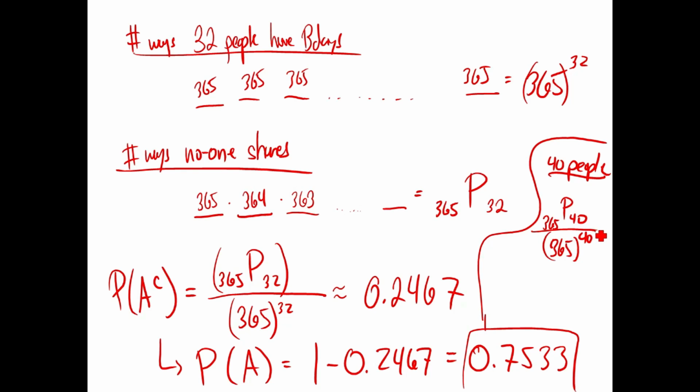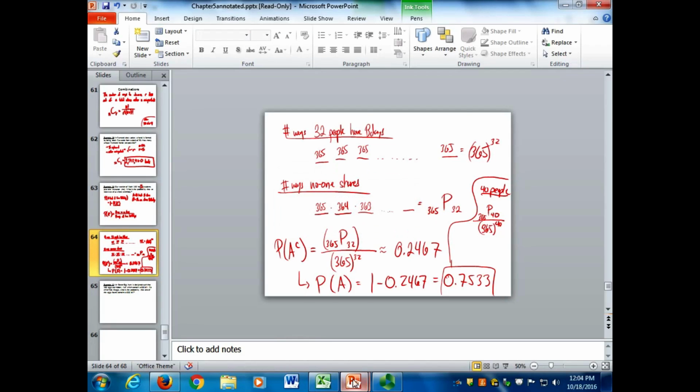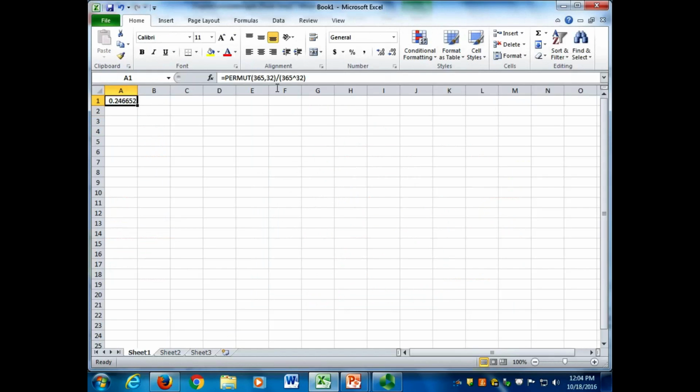By the time you get up to 40 people, the odds of not sharing a birthday go down a lot. There's only an 11% chance you don't share a birthday with someone. So in a room with 40 people, there's a 90% chance that you share a birthday with someone in that room.